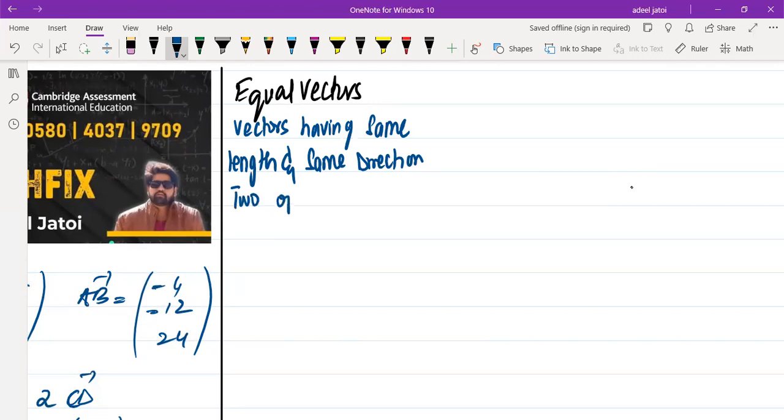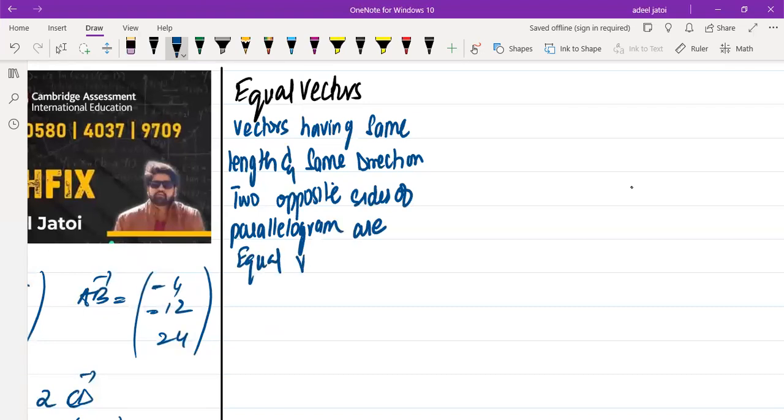Two opposite sides of a parallelogram are equal vectors. So knowing the equal vector is very important.